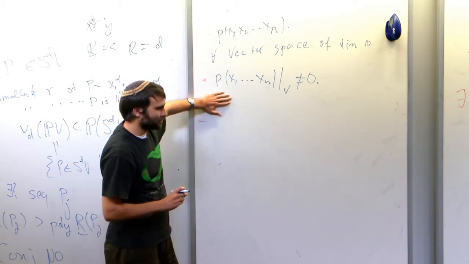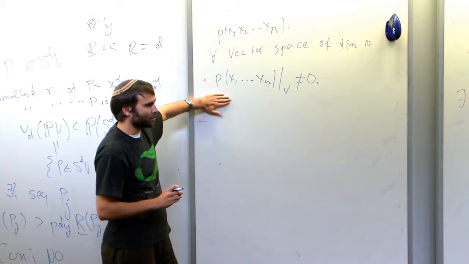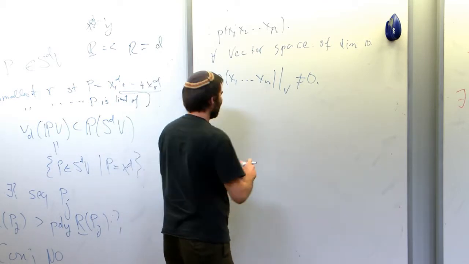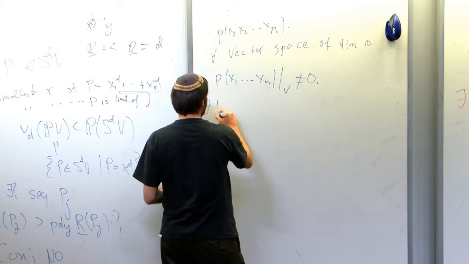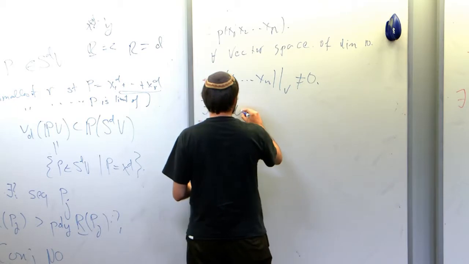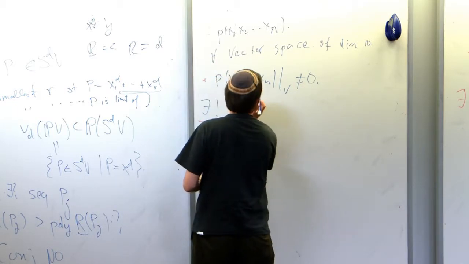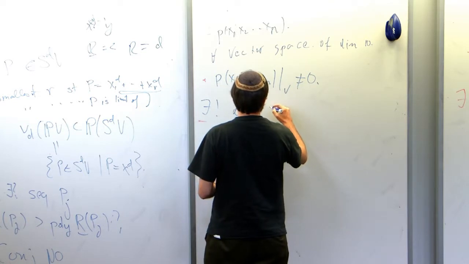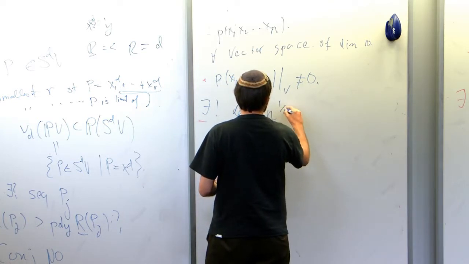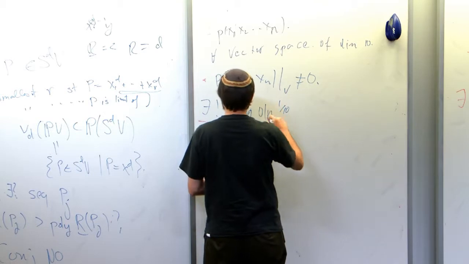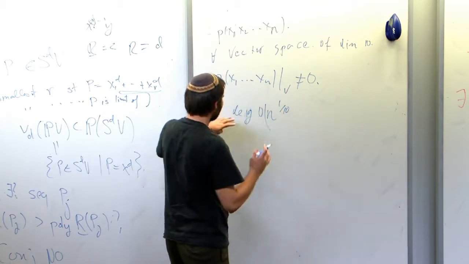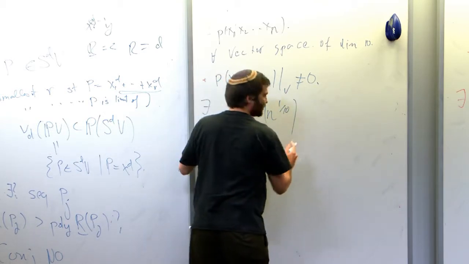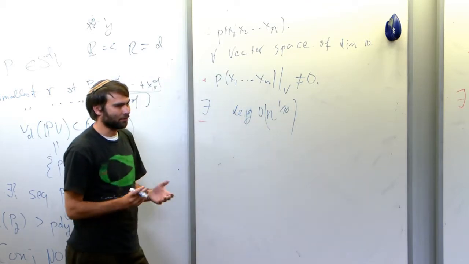Using a dimension argument, one can show that there exists such a polynomial, of degree n to the 1 over 10. He just says it exists. Yes, a generic polynomial will have this property.